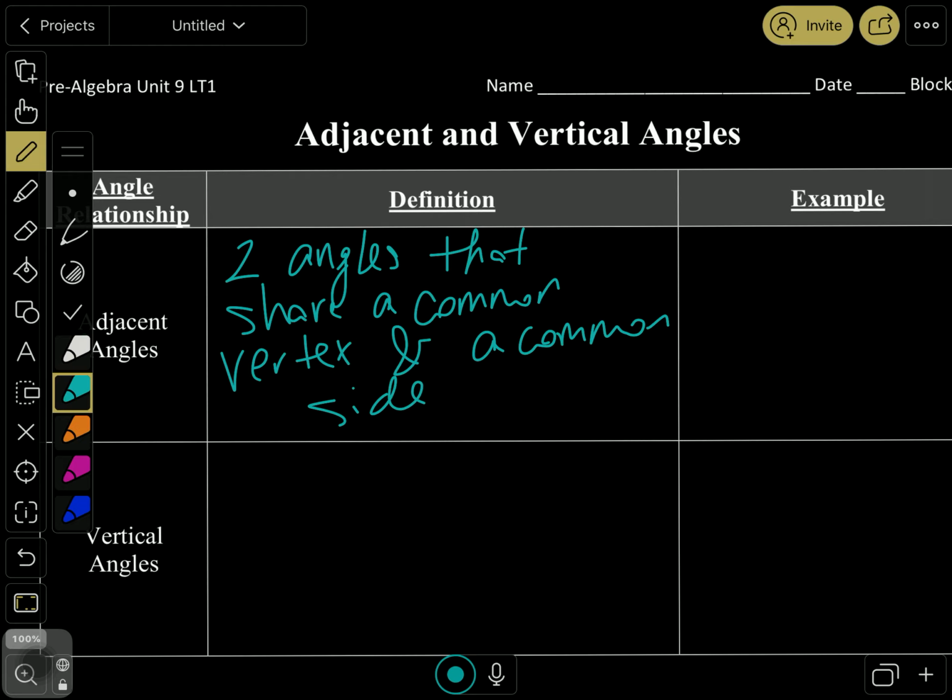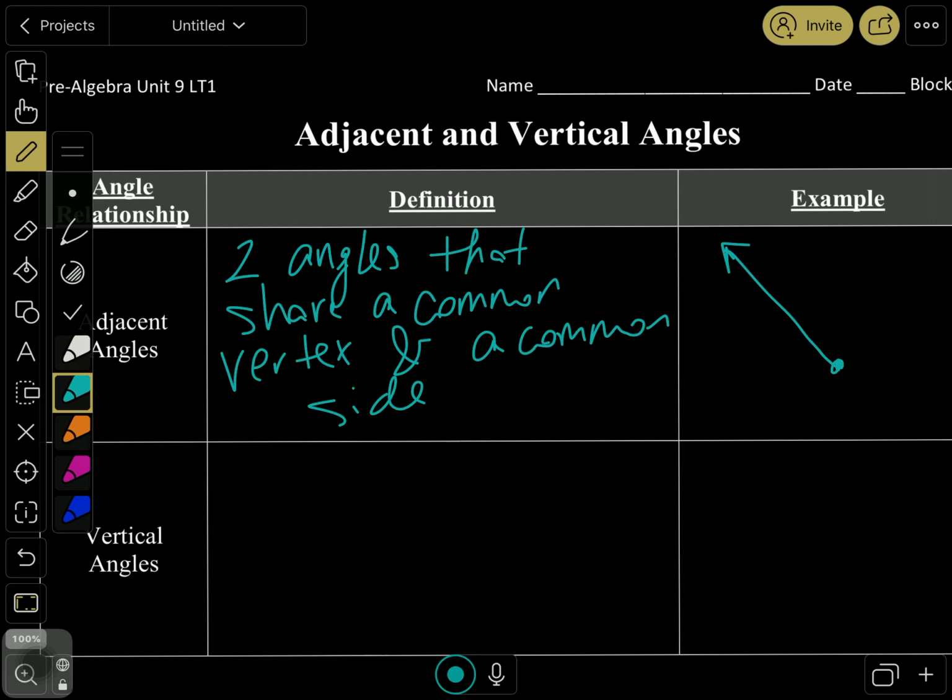Now here's the thing, most of you are probably like, I don't want to know what all these words are. I would much rather just see a diagram. And so we're going to include a couple of diagrams to help us sort of picture what's going on here. Okay, so two angles that share a common vertex and a common side. So I'm going to make this my common side, and then that makes this my common vertex by default.